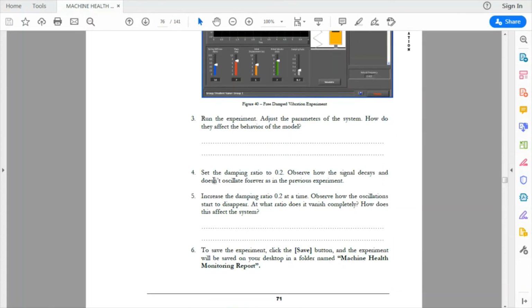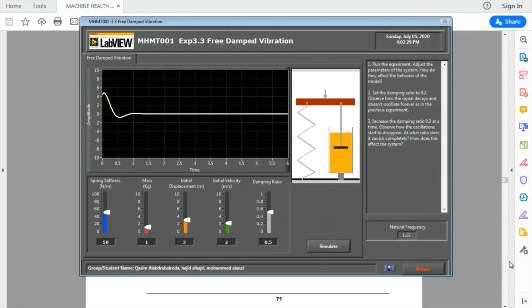Good. If we set the damping ratio to 0.2, observe how the signal decays and doesn't oscillate forever as in the previous experiment. If I select 0.2 as mentioned, you will see that we have one peak, 2 and 3, 3 cycles or 4 cycles, and then the motion dies.